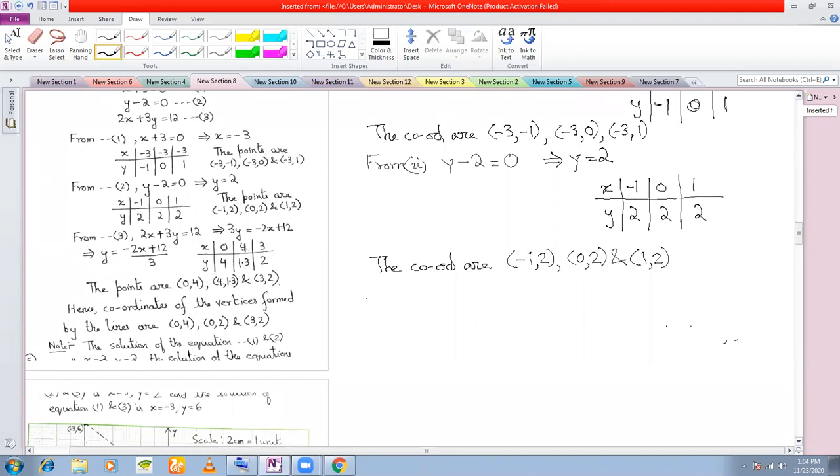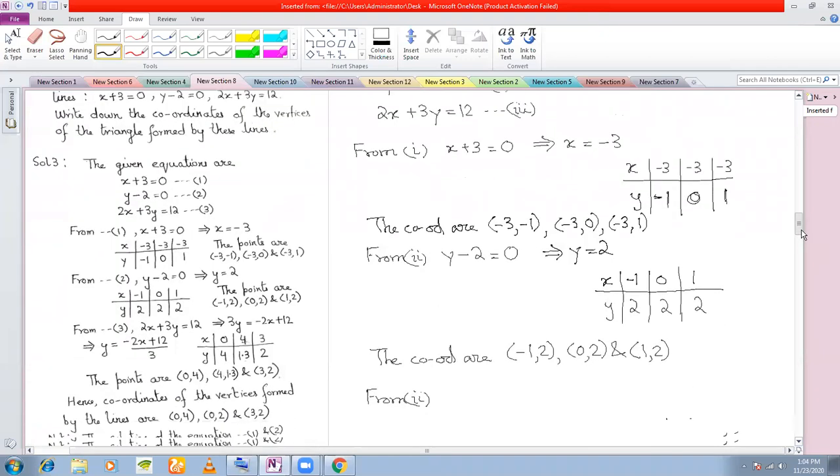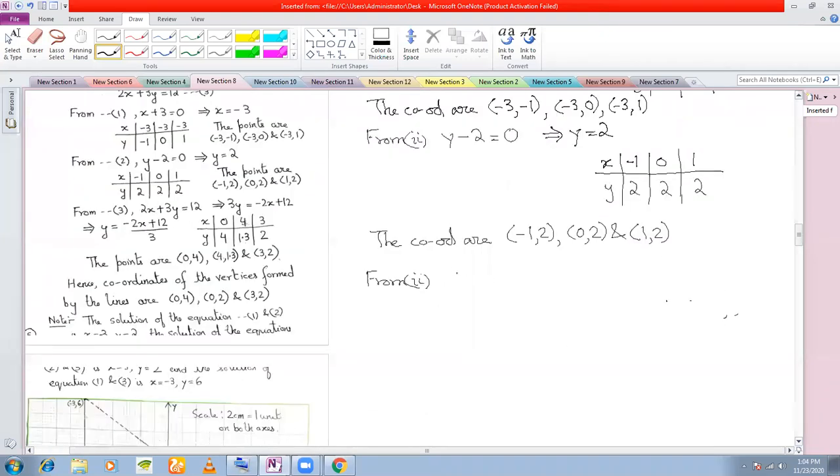Now let us consider the third one. In the third equation, you have both x and y as usual: 2x + 3y = 12. You write y in terms of x, and now we shall find out the points.